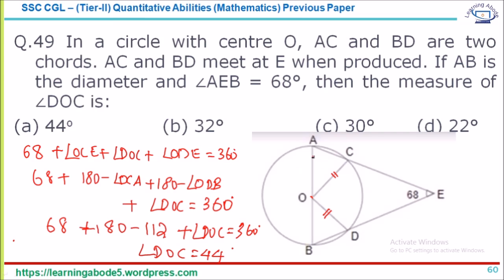If this is 68, now angle at A and angle at B is 112 degrees, because ACB is a triangle. And that relationship I've used here, right? So the answer is 44 degrees. That's answer option A.